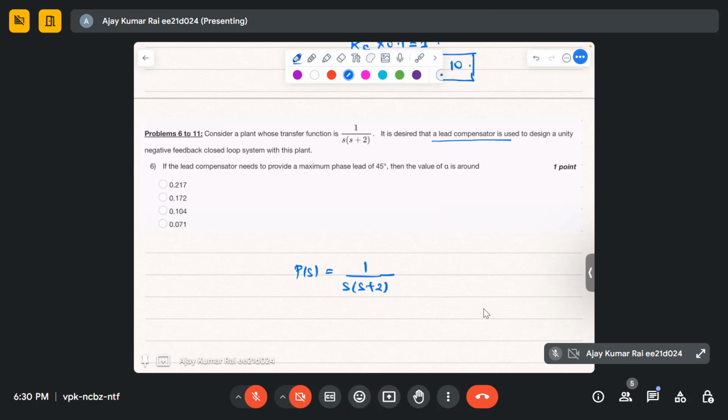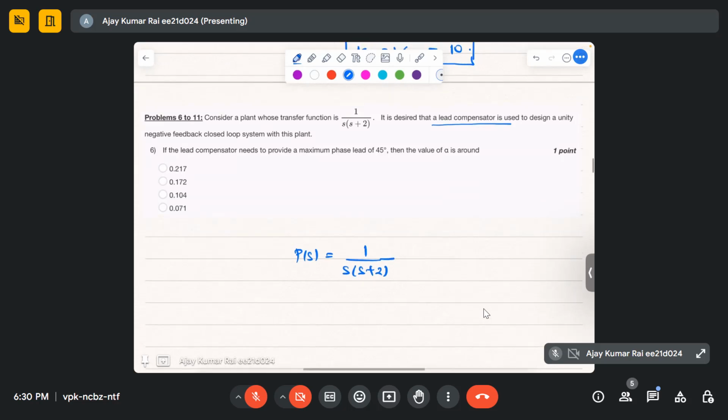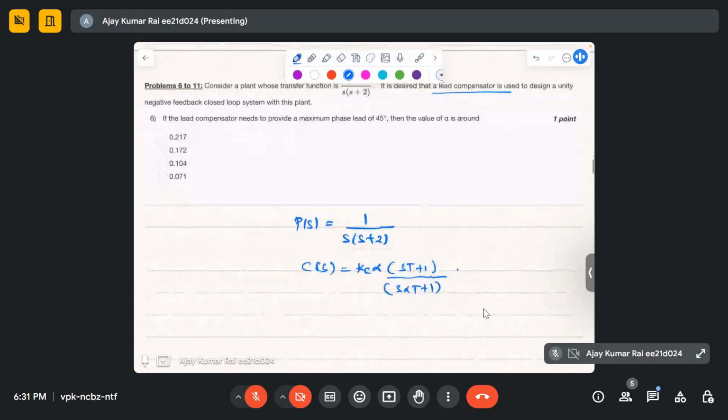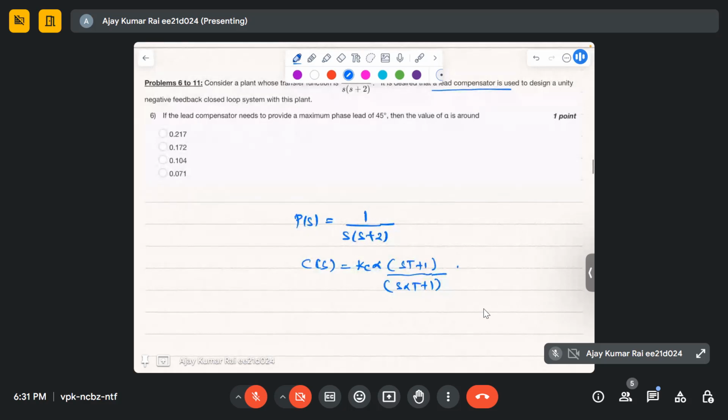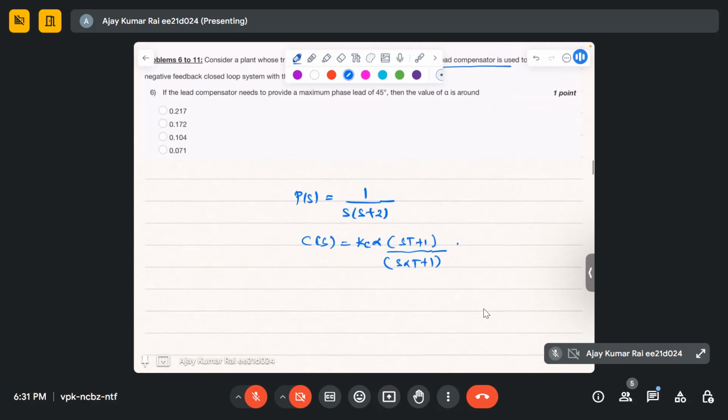C(s) is of this form. So if the lead compensator needs to provide a maximum phase lead of 45 degrees, then the value of alpha is around what?